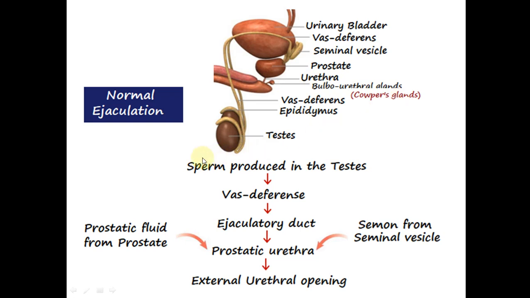So the sperms produced in the testicular tissue seminiferous tubules are carried by the vas deferens from the epididymis into the ejaculatory duct and prostatic urethra, where it receives prostatic fluid from the prostate and semen from the seminal vesicle.